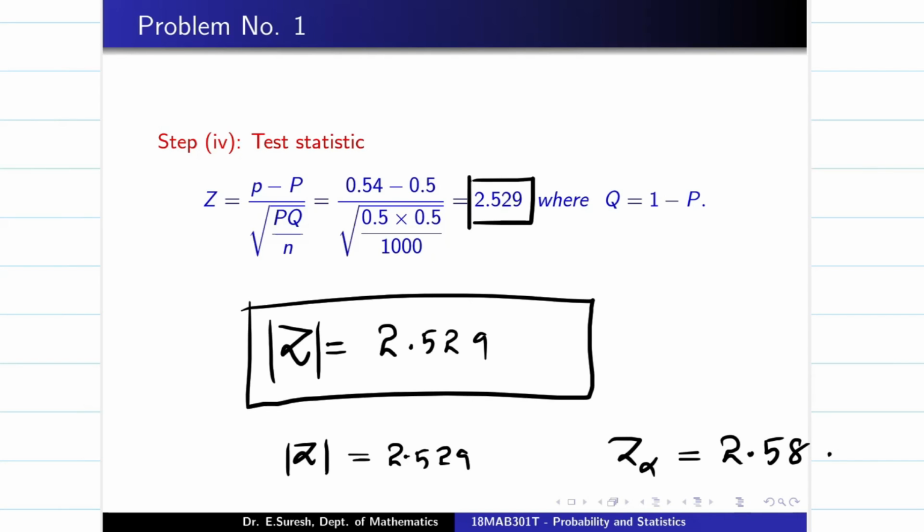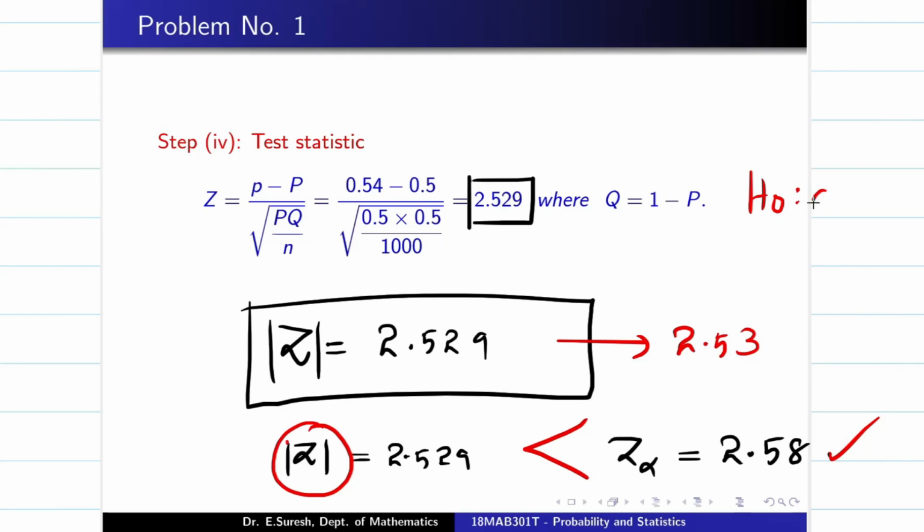Very important: write Z alpha and modulus Z and compare them. This is 529, this is 58, so better to round to 3 or 4 digits to avoid error. Rounding to 2.53 is also okay. Now my calculated value is lesser than the alpha value.